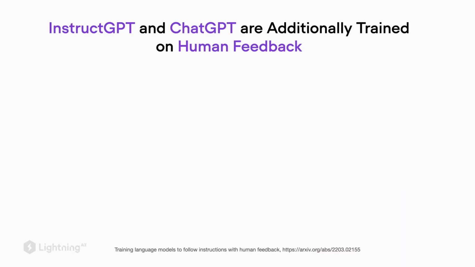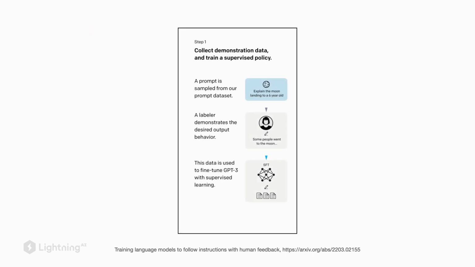So what about InstructGPT and ChatGPT now? InstructGPT and ChatGPT are actually based on GPT-3, but they have been fine-tuned additionally using human feedback. So how does that work? In step 1, the researchers sampled different prompts from a database and asked humans to write the responses that are desired.